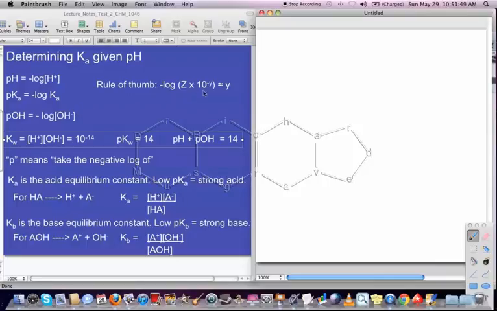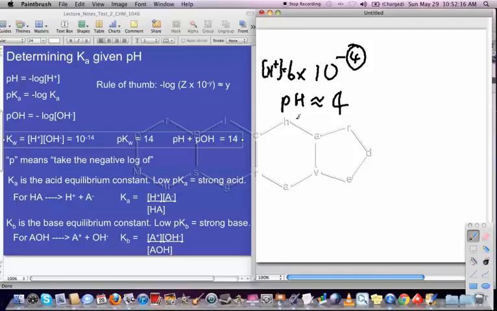Now, as a general rule of thumb, if you've got an exponent, something like 6 times 10 to the negative 4, and that was your hydrogen ion concentration, that's a fairly typical hydrogen ion concentration, then the pH could be estimated by just looking at the exponent and ignoring the negative sign, and you'll see the pH will be around 4.